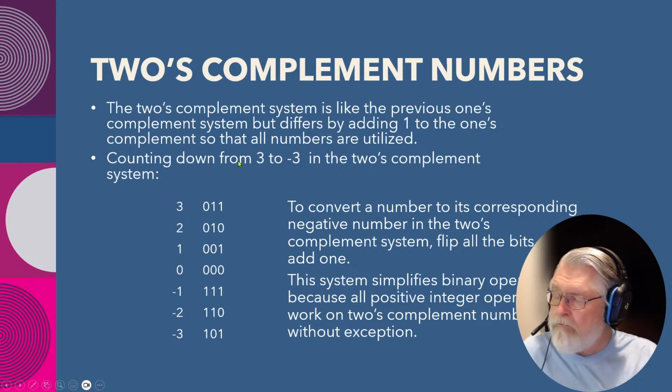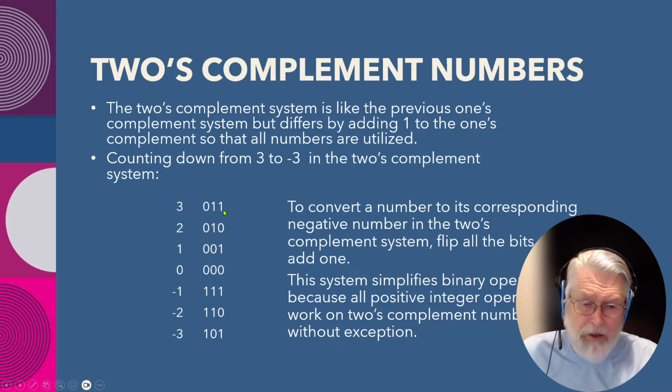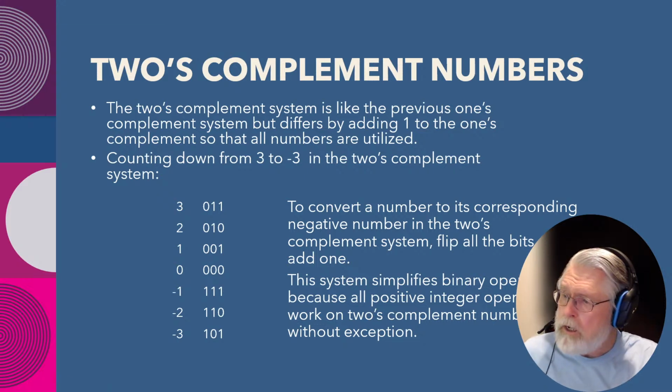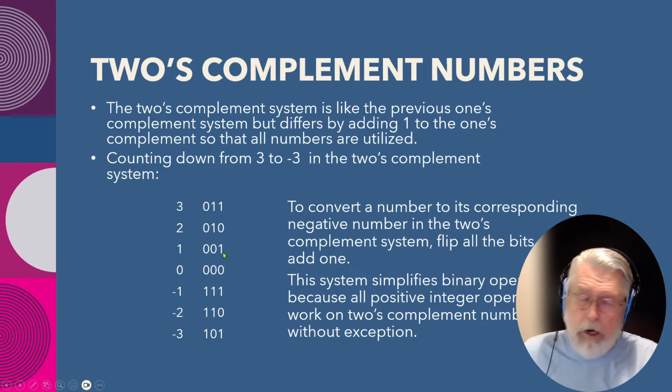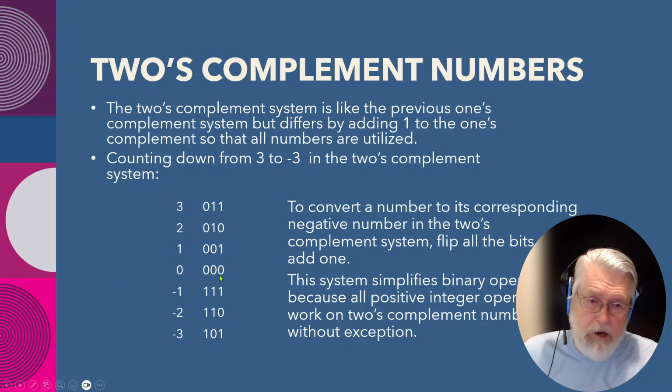And counting, for example, from 3 back to -3 in the twos complement system, you would have 0, 1, 1, which is +3 in decimal. 0, 1, 0, or +2. 0, 0, 1 is +1. And then 0, 0, 0, it's neither positive nor negative.